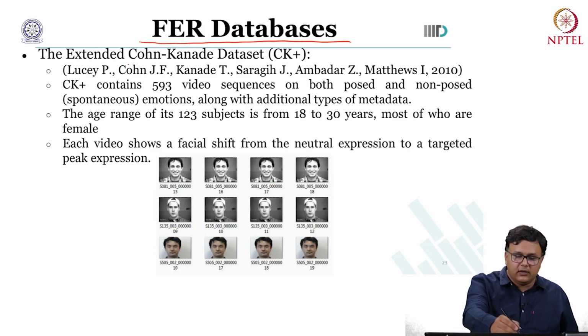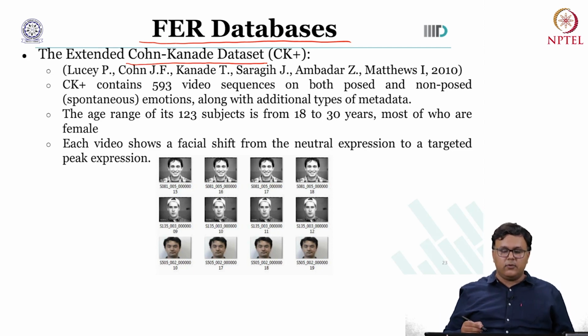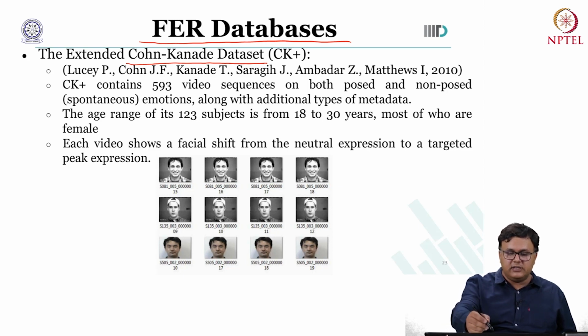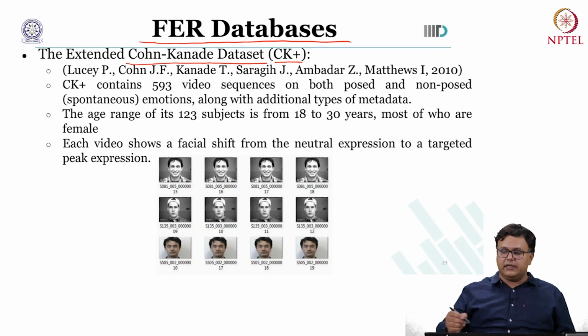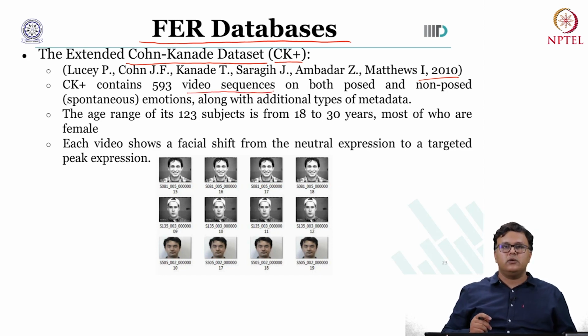So we have the Cohn-Kanade data set from the Robotics Institute at CMU, where you have the CK data set and then later the CK plus data set, which was collected in 2010. What this data set has is video sequences where a person was asked to come and sit in front of the camera. Now, if you observe me, guys, I'm looking right into the camera, and the person was asked to smile.